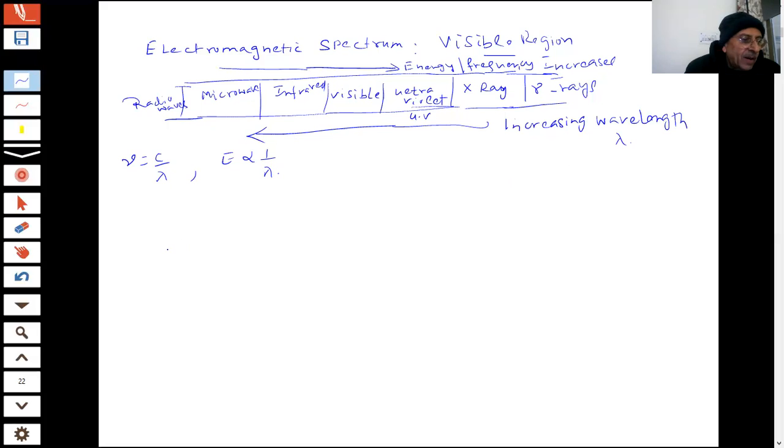So what we are saying is that electromagnetic radiations are waves of different frequencies, which we have given.